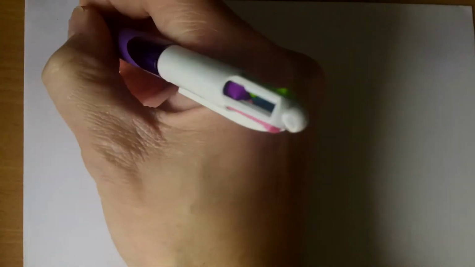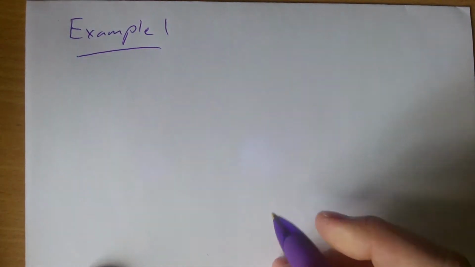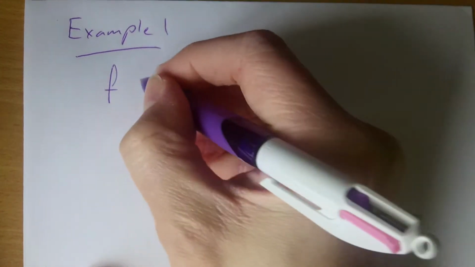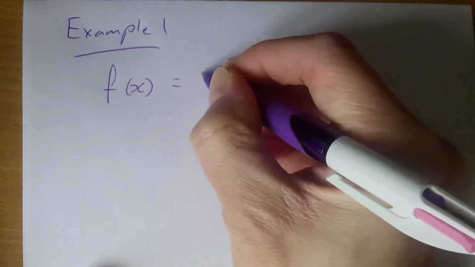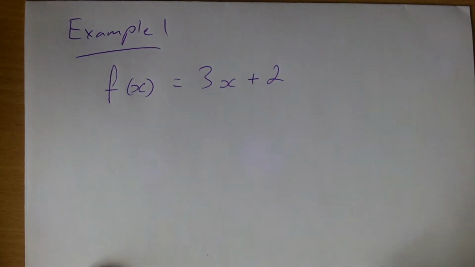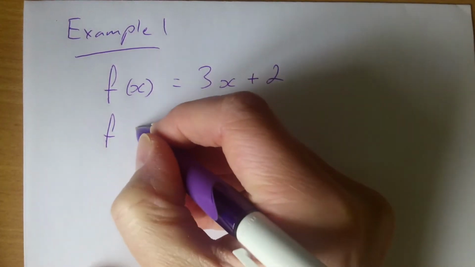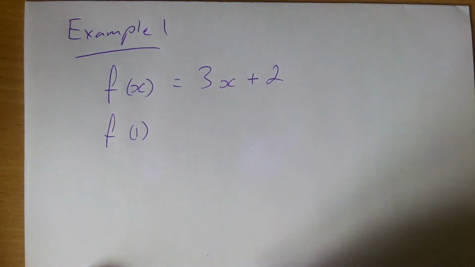Okay, so we'll go for an example here. If we have a function, let's call it f of x equals 3x plus 2, then what we can do is evaluate different values of the function. So for example, we might say find the value when x is 1.